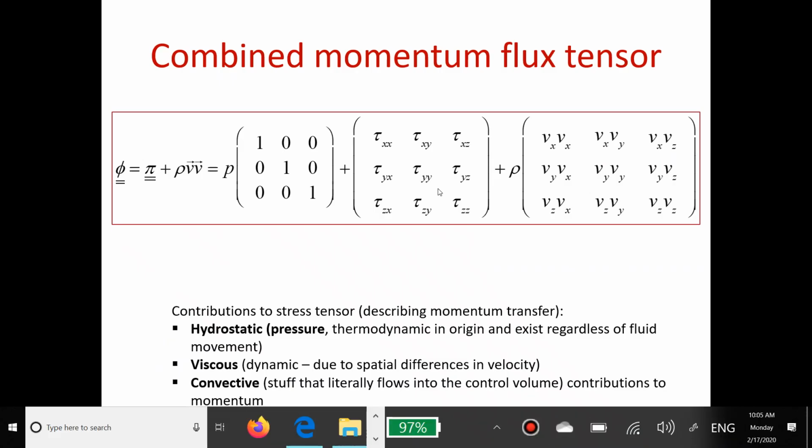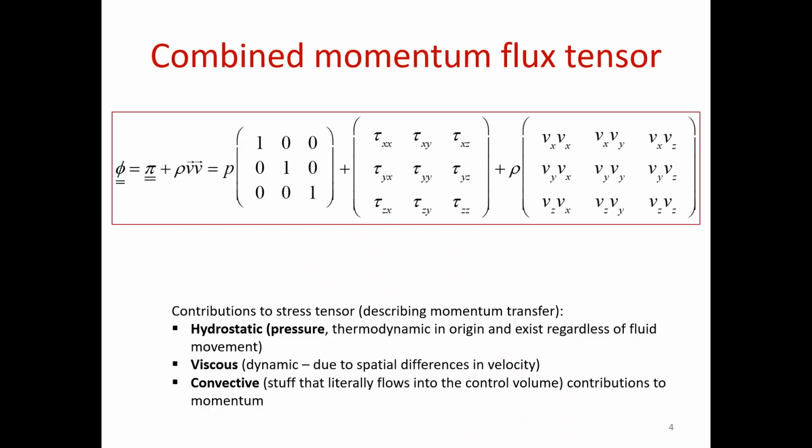And we have basically contributions to overall, or what we call combined stress. Here I'm writing it as a tensor simply because I want to shorten the writing. It has molecular components and what we call convective components. So contributions to the molecular part are those that are hydrostatic.